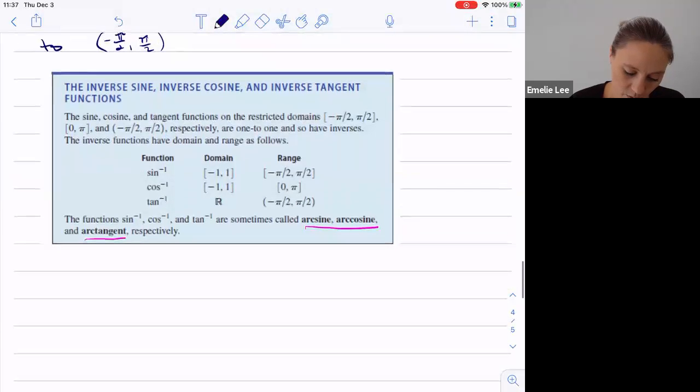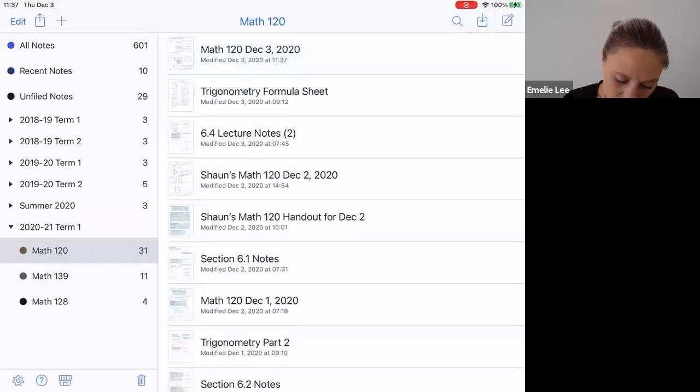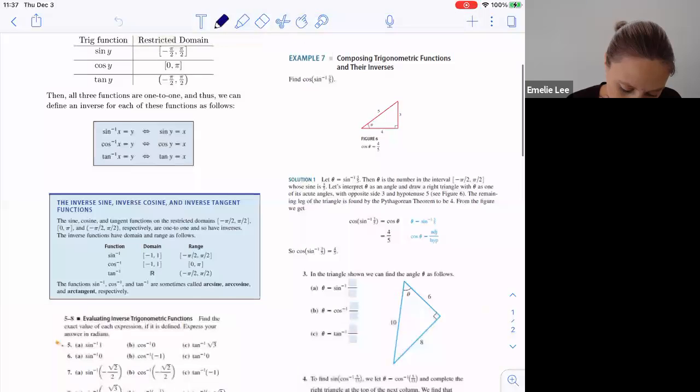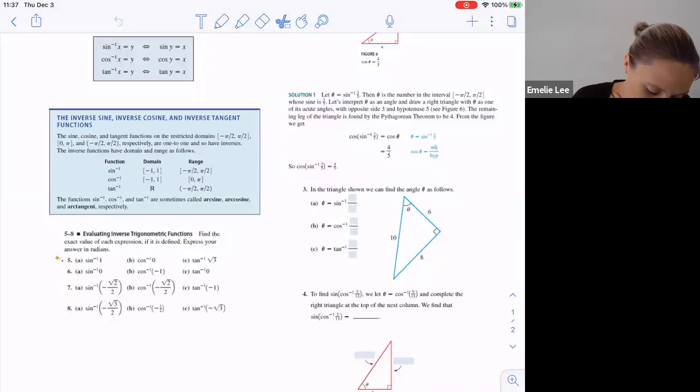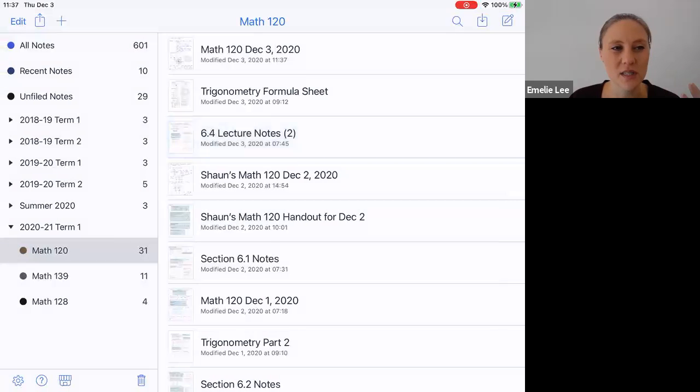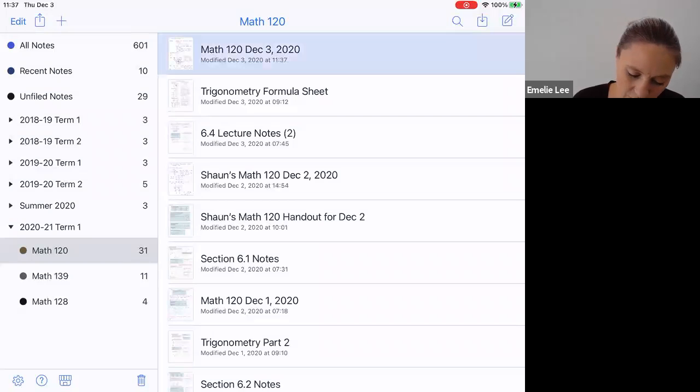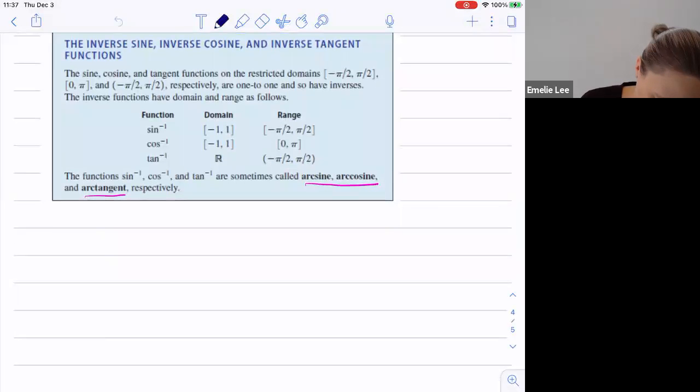So what we can do is, let's go here. We can use that unit circle to evaluate some of these inverse trig functions. Okay.